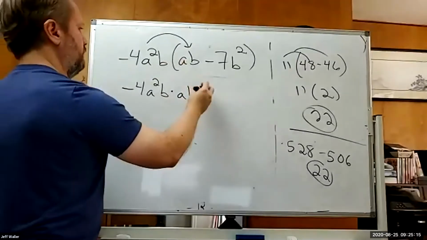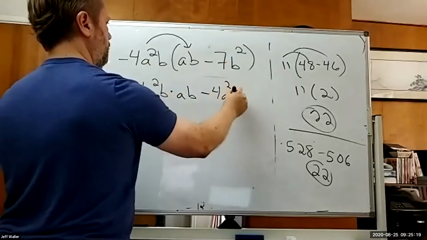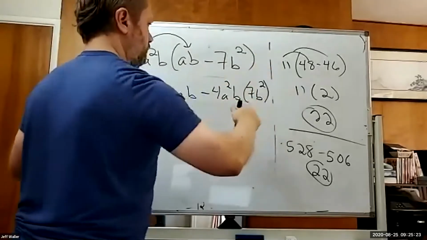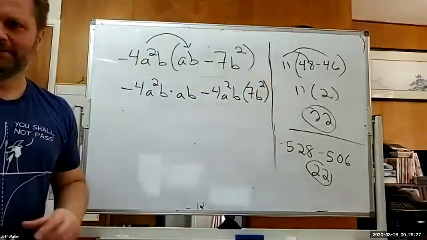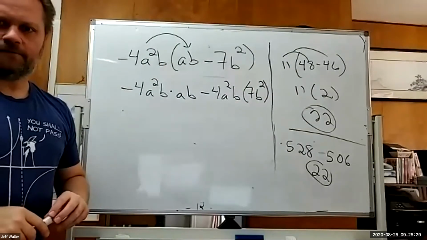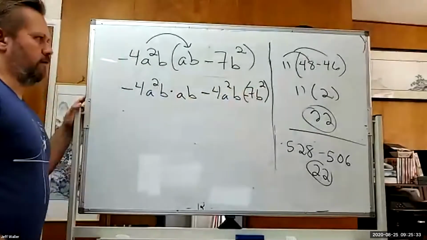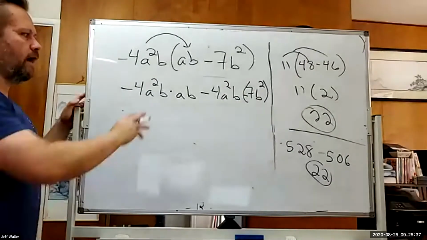And then it's this times this. Everybody all right? It's negative 7b squared, isn't it? Oh, thank you, thank you. And now you can just focus.